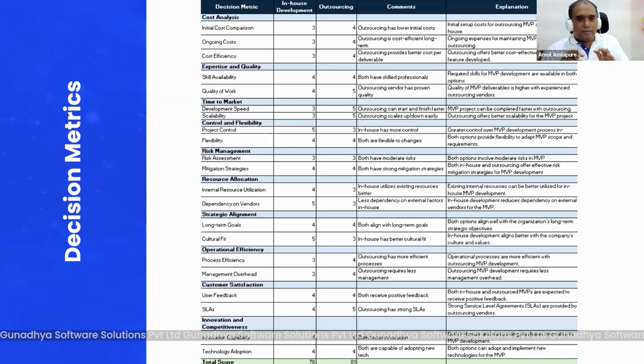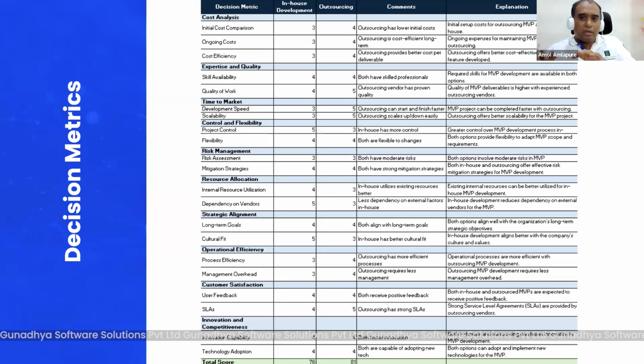Pretty self-explanatory, but still I'm going to share this Excel with all of you. I will put up a note to explain how you are supposed to put in a rating. You just need to score out of 5 for each of these indicators for in-house and outsourcing.